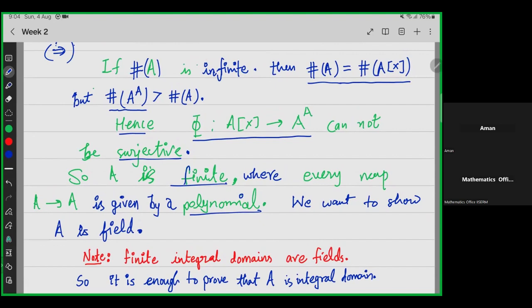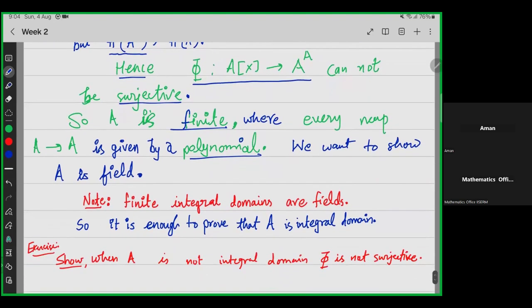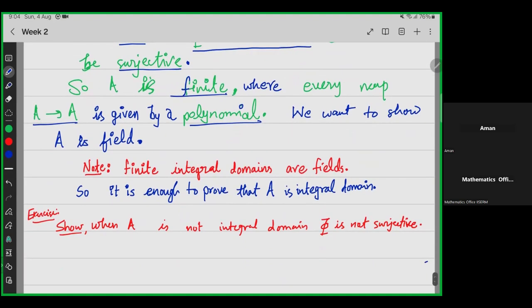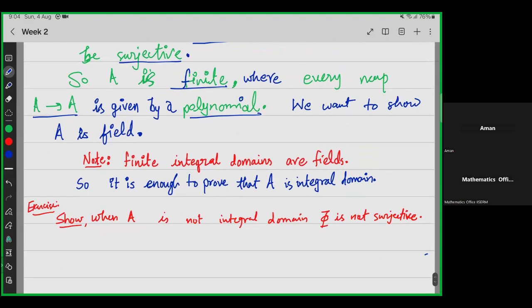So we can assume that A is finite, and we also assume that every map from A to A is given by a polynomial. Now we want to show that A is a field. We already know that A is a commutative ring with unity. We just have to show that every non-zero element is invertible.